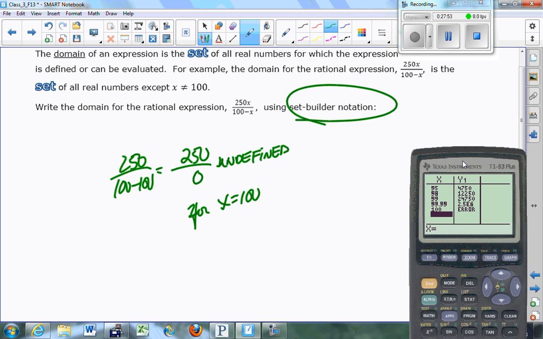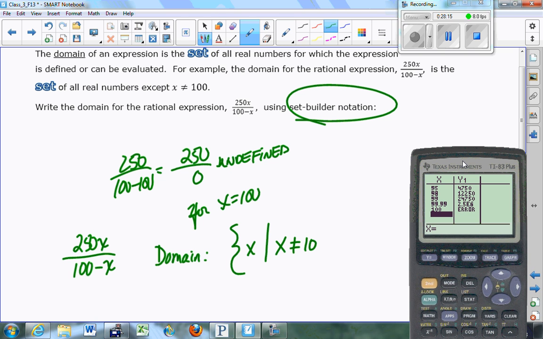Now we're just looking at the mathematical expression. So for just that expression, the domain in set builder notation is the set, because the domain is a set, the set of all x such that x does not equal 100. So in other words, you can pluck off any number from the number line and put it in for x, and you will come out with an answer.